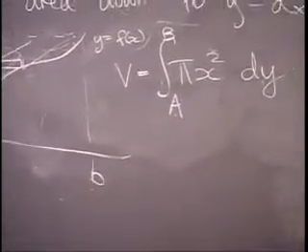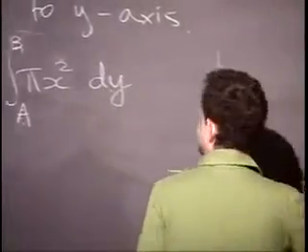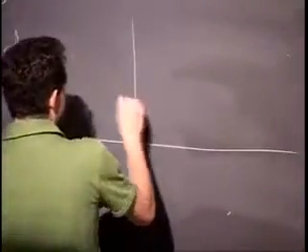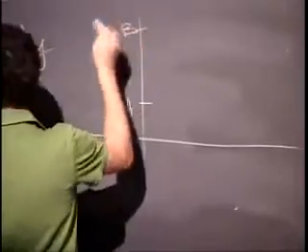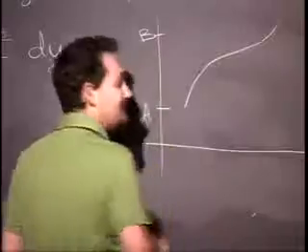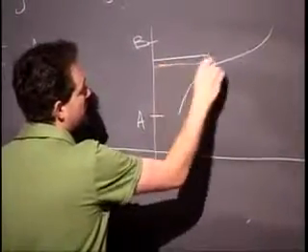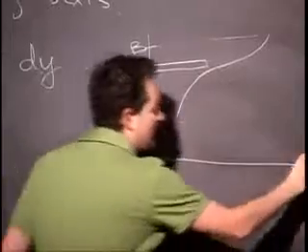How about if this were shells? What do I mean? I've just said the answer to the question. Well, let me ask the question first. How about if we want to revolve this same strip around the x-axis?